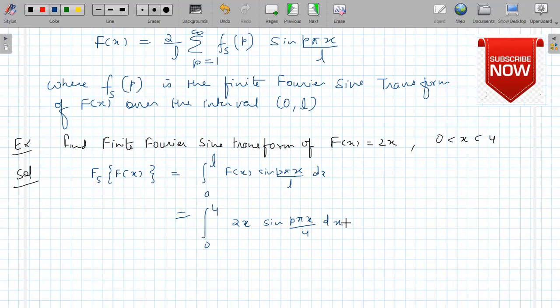So we integrate this by parts, taking this as first function and this as second function.